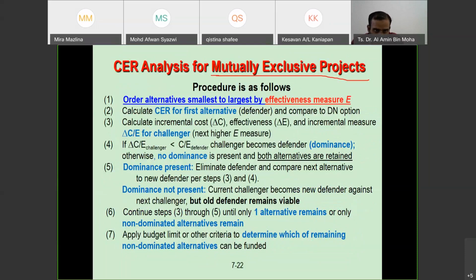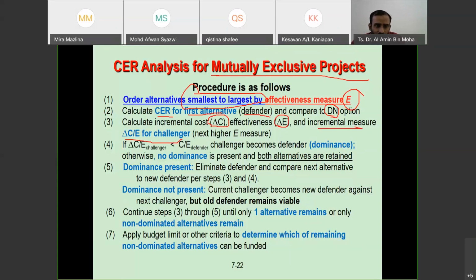Basically, order alternatives smallest to largest. So you compare the E, smaller to larger, and then you calculate CER for the first alternative. The first alternative will become the defender and be compared to do nothing. And then you calculate the incremental cost, the change in E, and then the incremental measure, CE, for the challenger. We did this in the previous example.